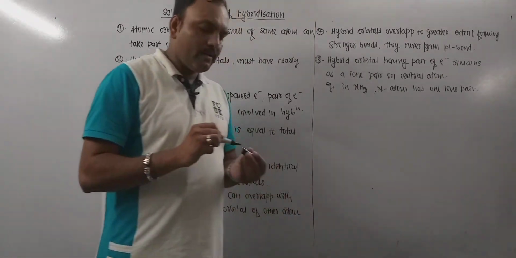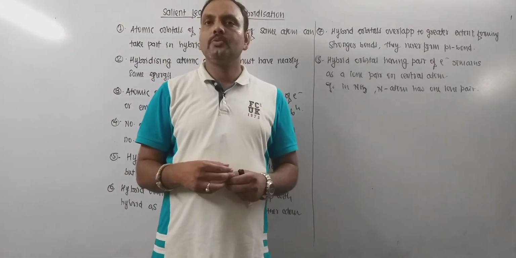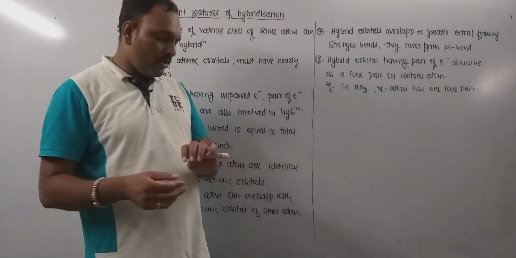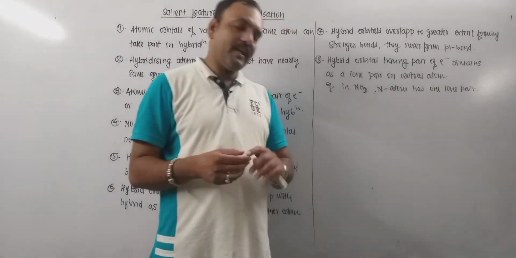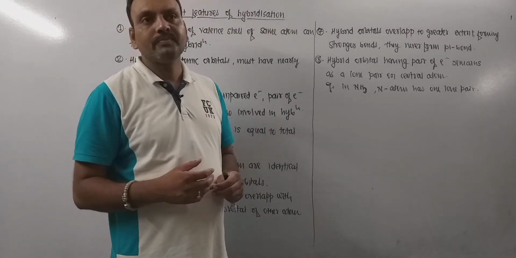And in water, oxygen has two lone pairs of electrons. So the lone pairs of electrons are nothing but the hybrid orbitals having pairs of electrons.